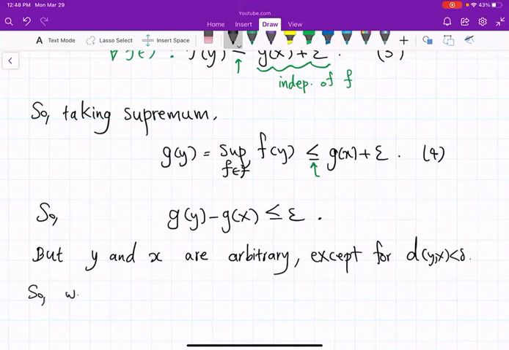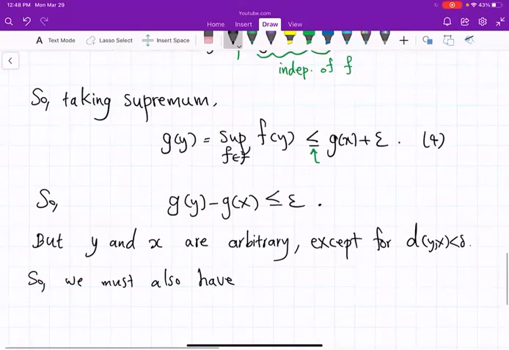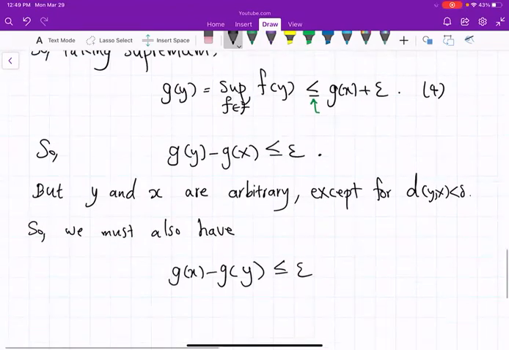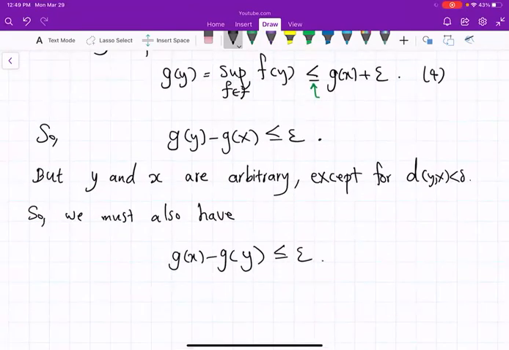So we must also have, or you could say run this argument again with y and x switching roles, that g of x minus g of y is also less than epsilon. So this is just the negative of that.